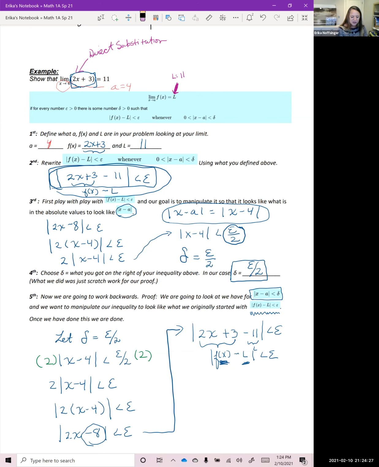So we want to choose those two numbers so that we could get it in the form of the absolute value of f of x minus L. And the cool thing is, when we're doing this scratch work, we can see how we manipulated it, right here before we added our like terms. So you can see what those two numbers are going to be. Any other questions?